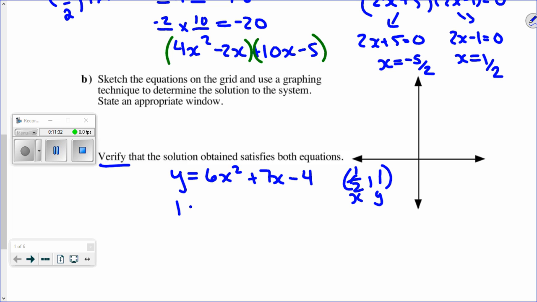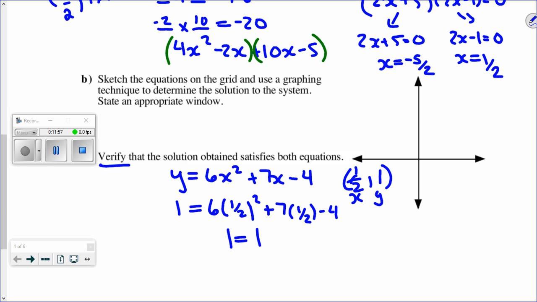If y is 1, 6 times 1/2 squared plus 7 times 1/2 minus 4. You can do this all right in your calculator if you want. It does equal 1, so you're just looking to make sure that 1 equals 1.